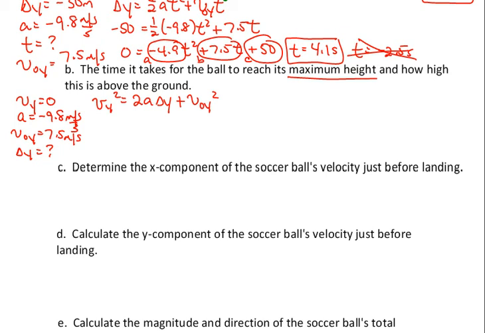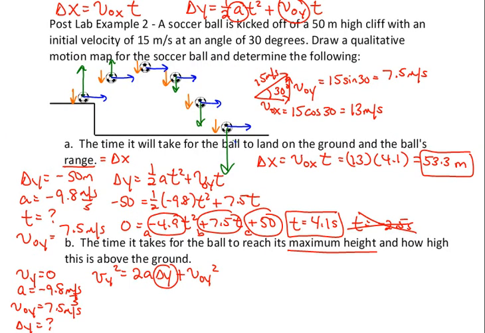And so if we go ahead and solve for delta y in this equation, that is going to represent how much higher the ball is when it reaches the top of its trajectory, how much higher it is from where it was kicked. Now that's not the height above the ground, but all we have to do is add 50 meters to that, since the ball started 50 meters above the ground, to get the total height of the ball from the ground at the peak of its trajectory.